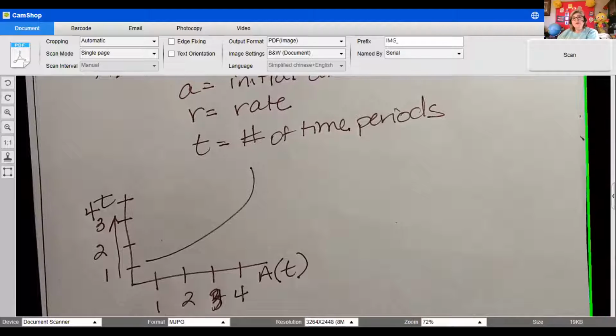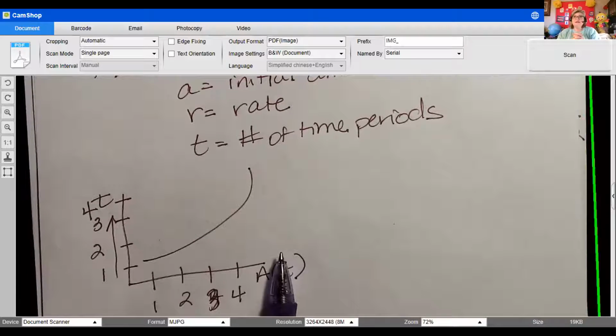Another example of a growth model is in sales. The sales industry is very large, and a lot of you will in some way, shape, or form be in sales.